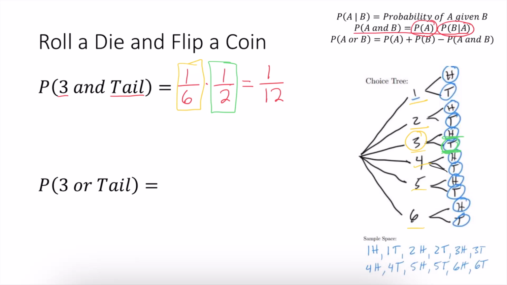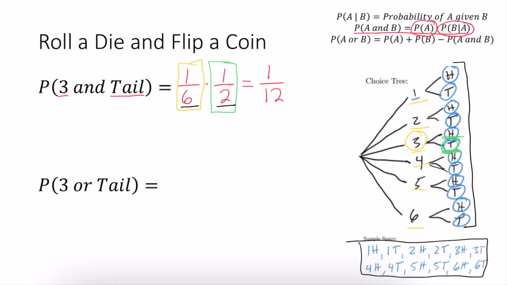And when you multiply these together, you're basically using the fundamental counting principle because 6 times 2 gives you all 12 of these possible outcomes, which you can also write in sample space form here. And then the 1 times 1 is referring to this specific outcome, which was getting a 3 and a tail.